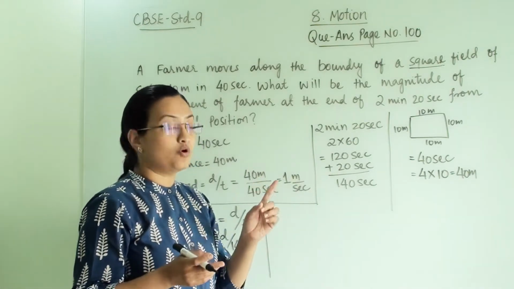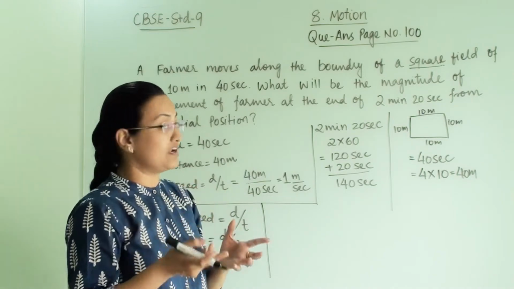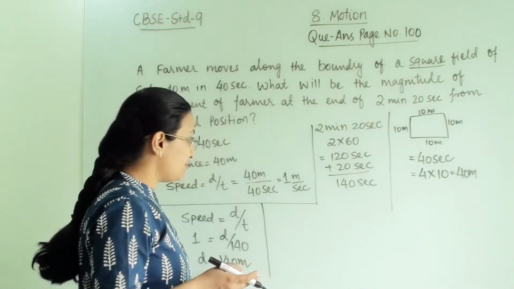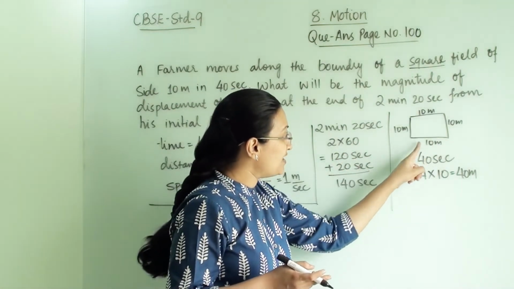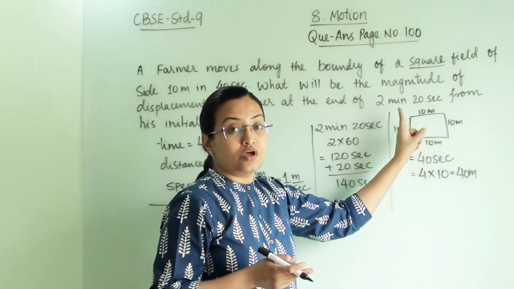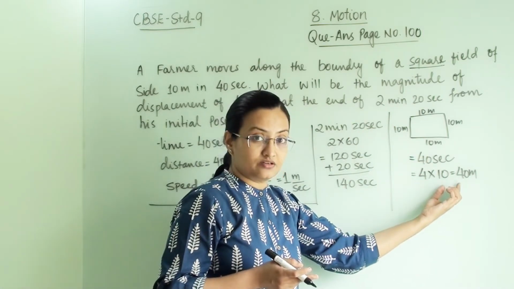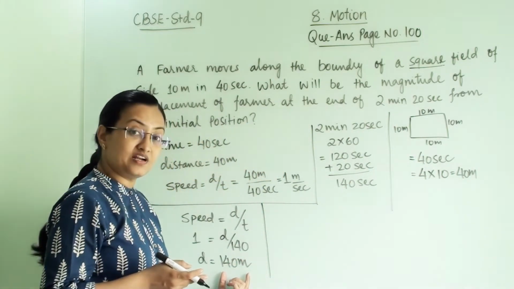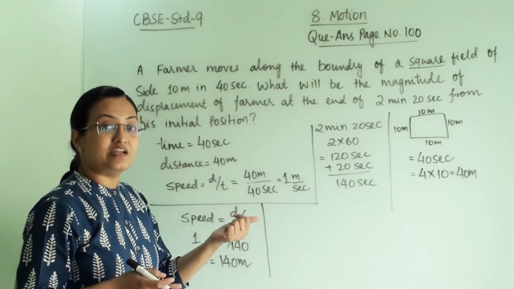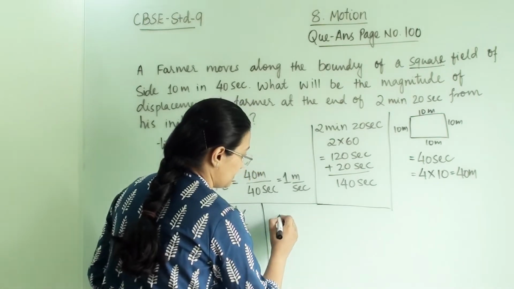But we want to know the displacement. So for displacement, we need to find out how many rounds of this square field he will cover in 140 meters of distance.